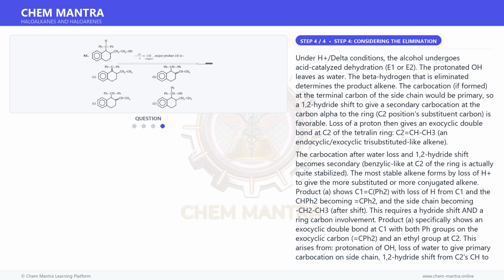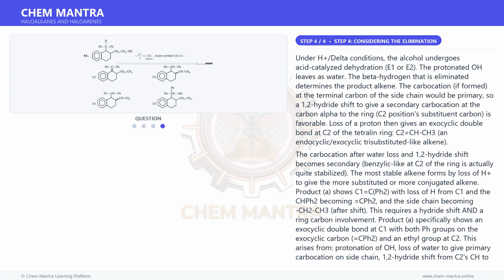Product A has an exocyclic double bond C1=CPh2 with the CHPh2 H gone, and the side chain is now CH2CH3 at C2, consistent with a 1,2 H shift followed by a 1,2 Ph shift sequence and elimination.